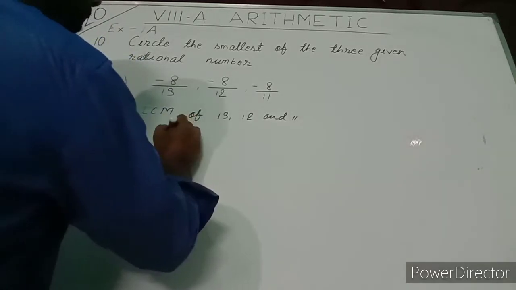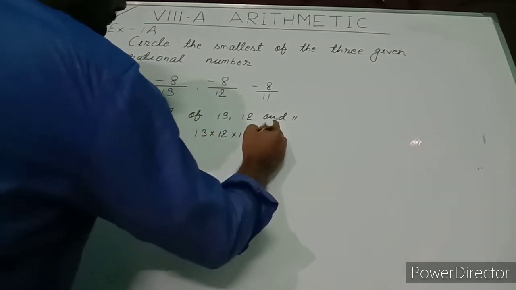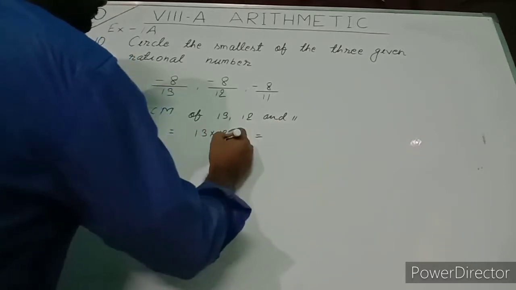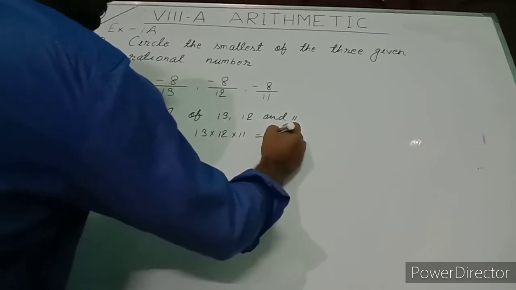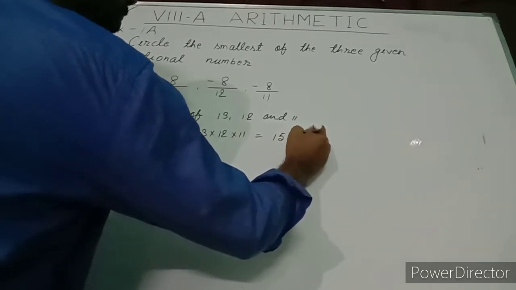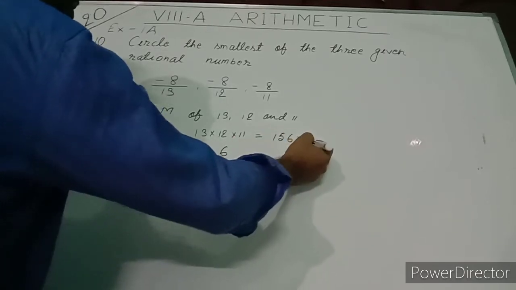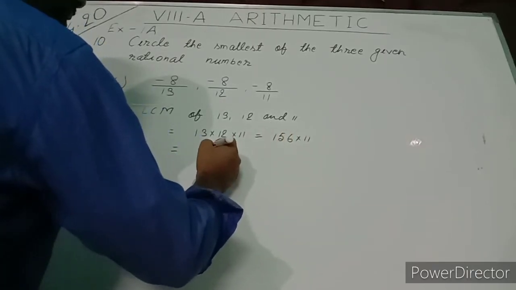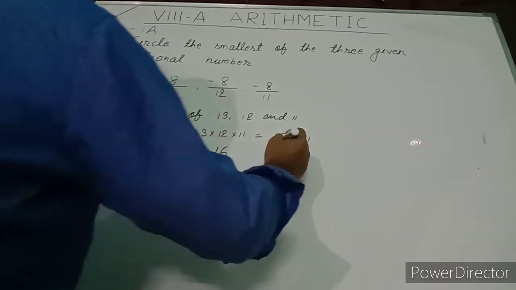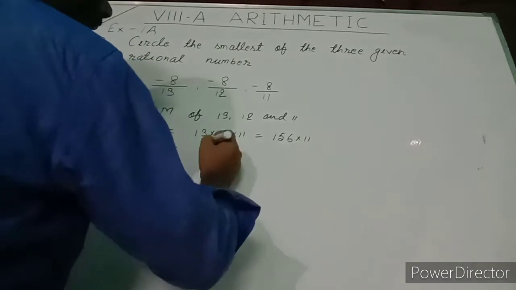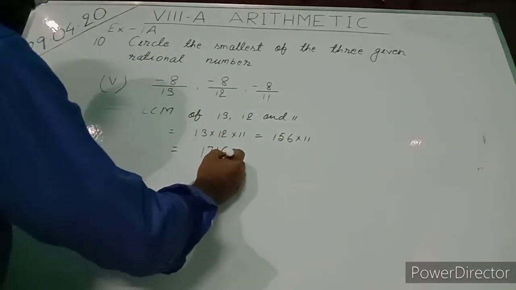We get 13 into 12 into 11 equal to 12 3s are 36, 3, 12 1s are 12 and 3, 15 into 11, that is equal to 11 6 is 66, in hand 6, 11 5 is 55, 55 and 6 61, 6 11 1 is 11 and 6 17. So this is the LCM 1716.